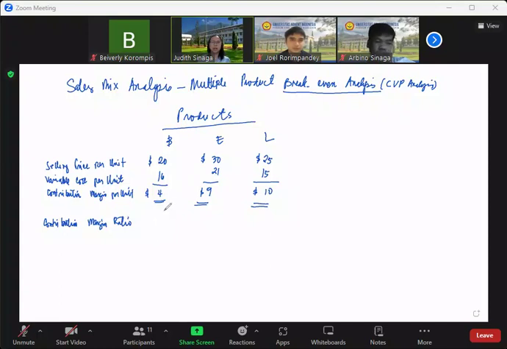Berapa contribution margin ya? You solve this one. Cari ya.